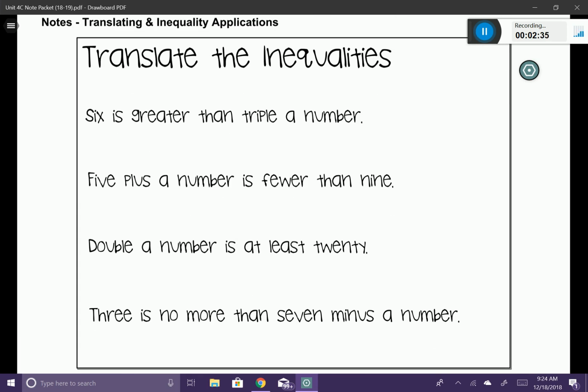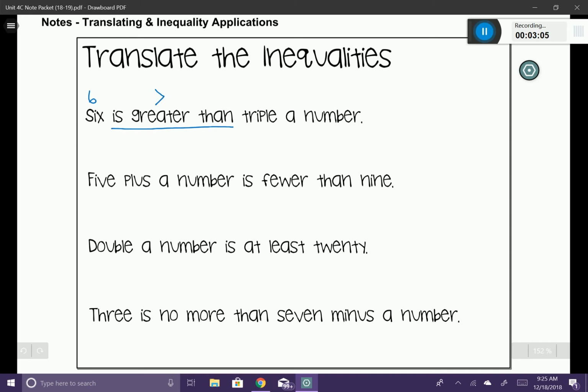Here it says 6 is greater than triple a number. The difference between an inequality and what we've done in the past is the word is. Whenever you see the word is attached to one of our inequality word phrases, like greater than, that represents an inequality. Let me show you my annotation. 6 is greater than. So that's going to be the symbol like this.